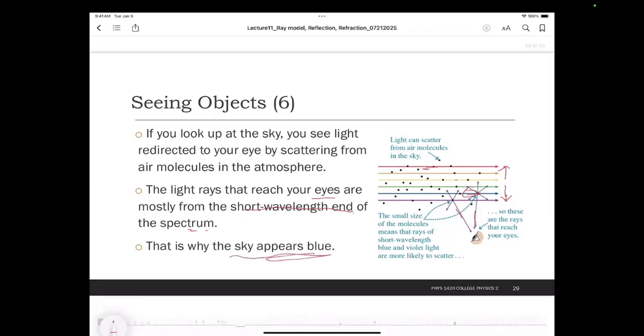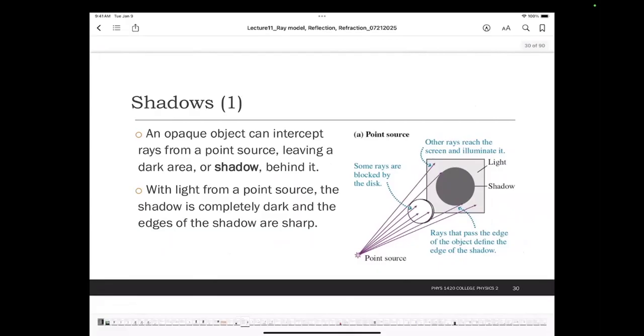Okay, and let's talk about shadows. An opaque object can intercept rays from a point source, leaving a dark area or shadow behind it. You can see here there is an opaque object.